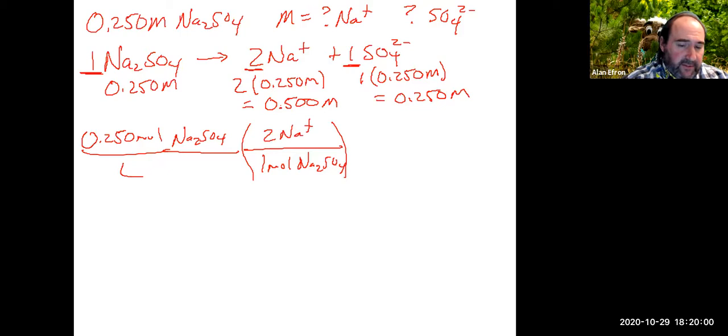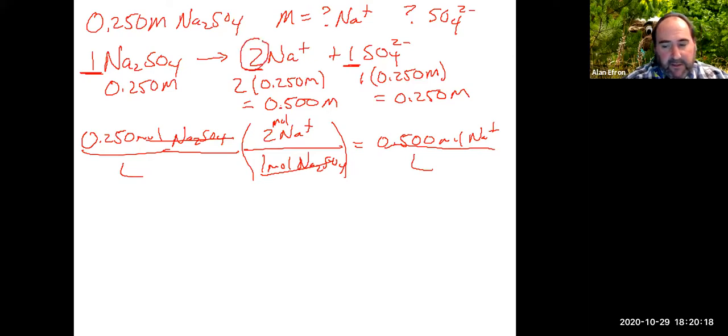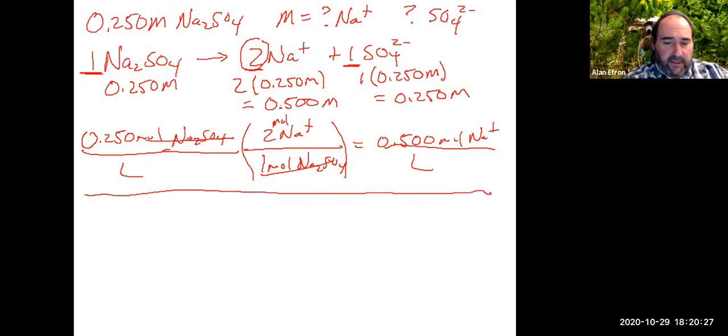That's how the moles of the whole thing cancel, and we are left with what we just got, 0.5 moles of sodium per liter. The short version is that whatever that coefficient is, you multiply the concentration by it, and that gives you the concentration of the sodium ions. Question on that?